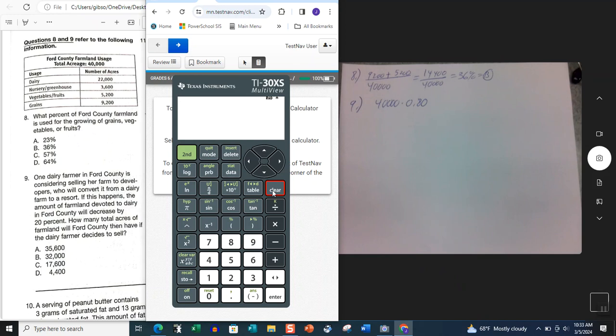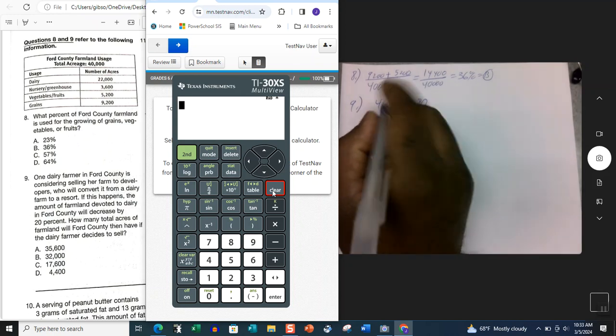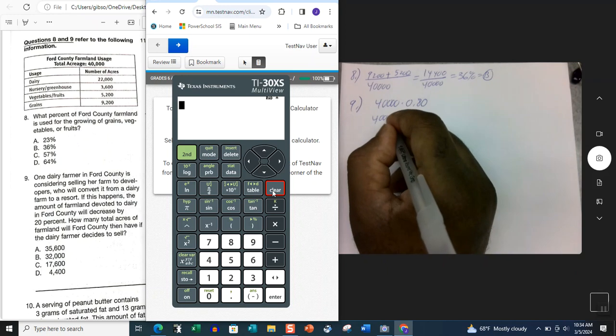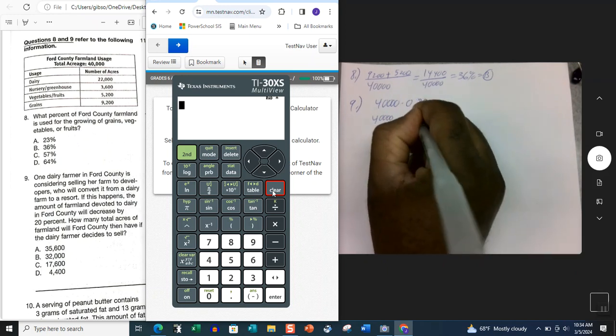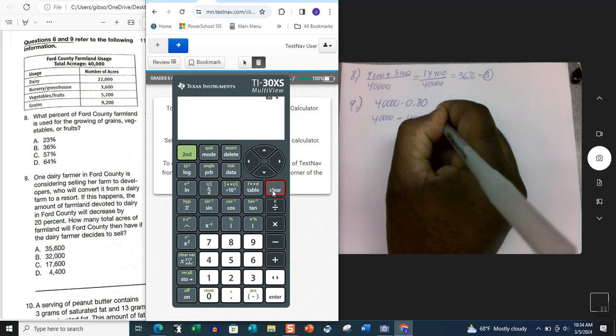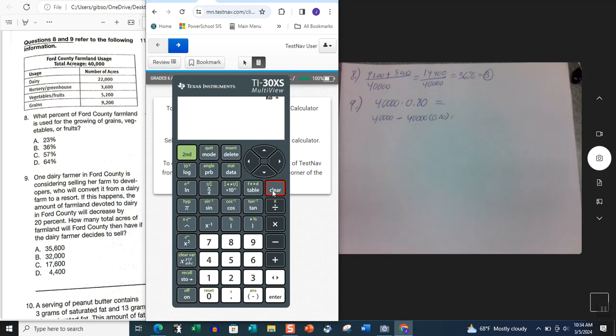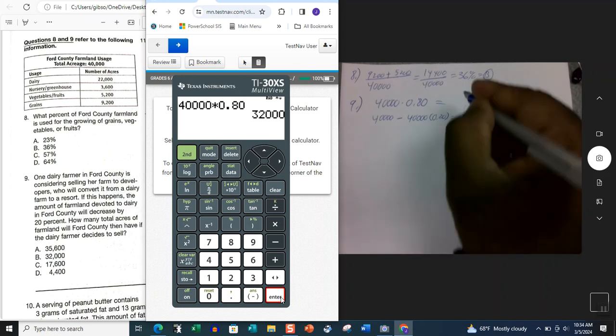Or you could do it another way. Let's say you don't remember this method. You could say, I started off with 40,000 acres of land. Then you'll subtract off the 20%, so it'd be 40,000 times the 20%. I'm showing you both of these so that you can see that you will get the same answer whichever method you use. So if we take 40,000 times 0.8, that gives you 32,000.